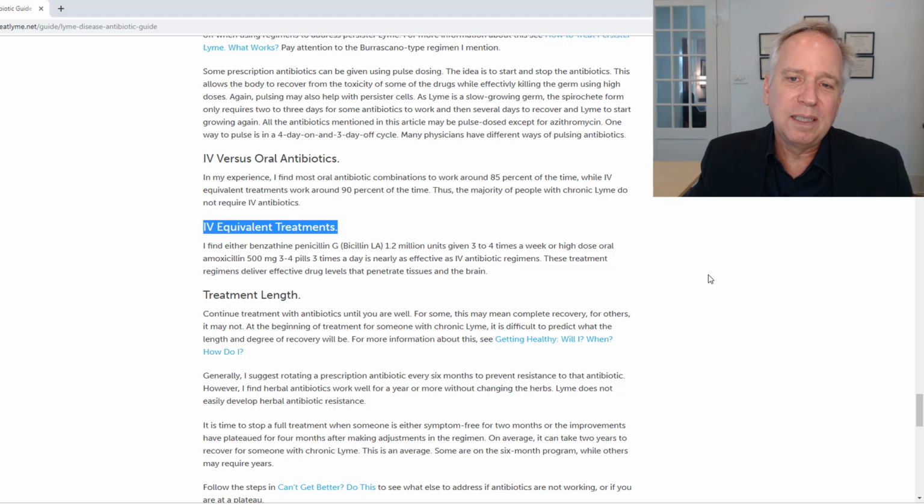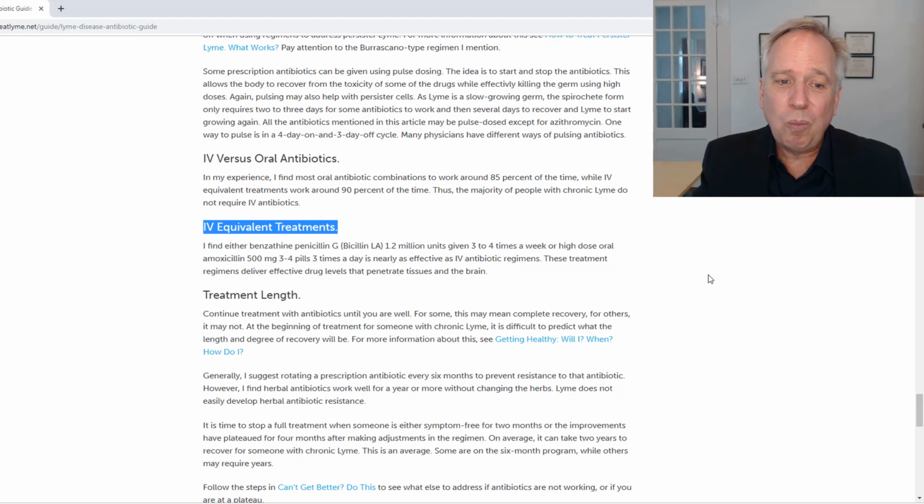So amoxicillin, we would normally for like throat infections give it as a 500 milligram pill 3 times a day. You could give it at high doses of 3 to 4 pills 3 times a day, okay? So 3 to 4 times as much as throat infections. The idea with that is if you take it at that high of a dose, you get really high levels in the blood, and so it can force its way into tissues just like IV antibiotics do.